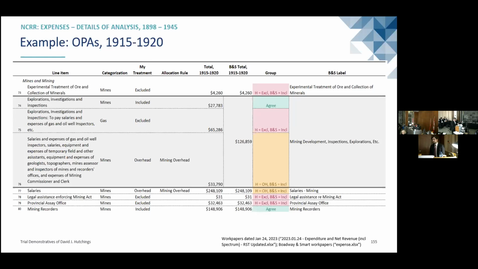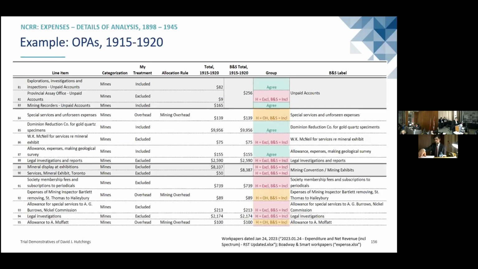Okay, so line 80, we have the expenses of mining recorders. That's relevant. We agree on that. And you can see this is another one of those larger ticket items, $149,000. Okay. So over the page, we're now 156.